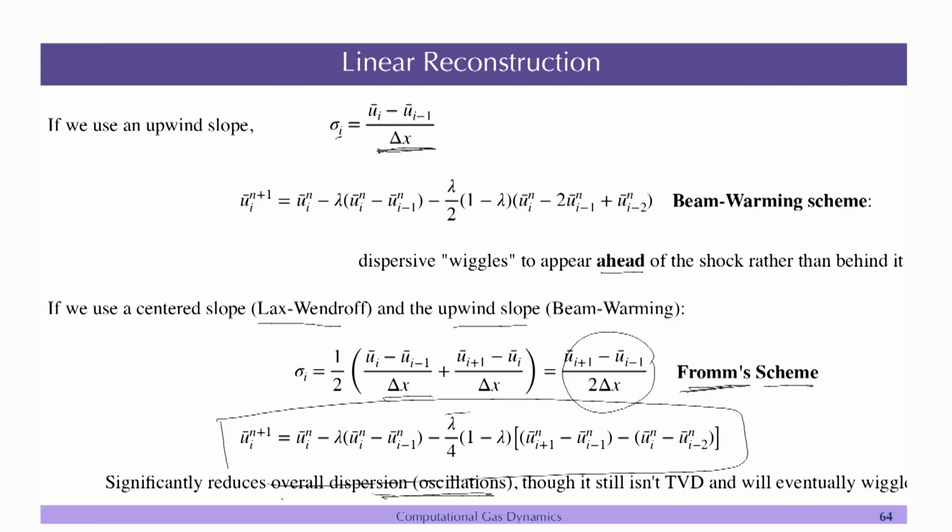So, all these schemes that we discussed, whether it is Lax-Wendroff or Beam-Warming or Fromm's scheme, are not TVD because they develop wiggles and that leads to an increase in the total variation, right.